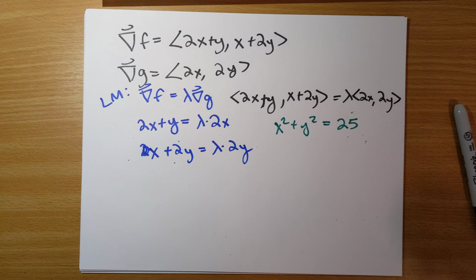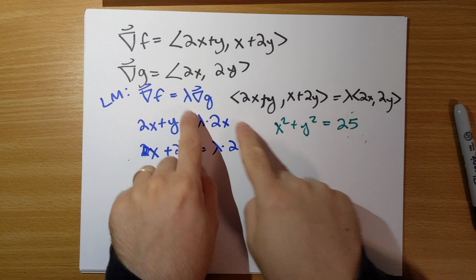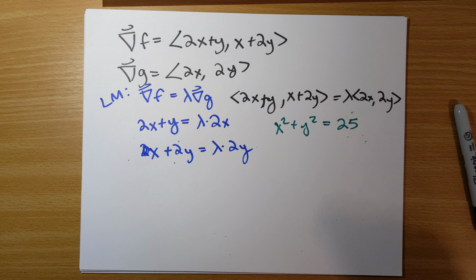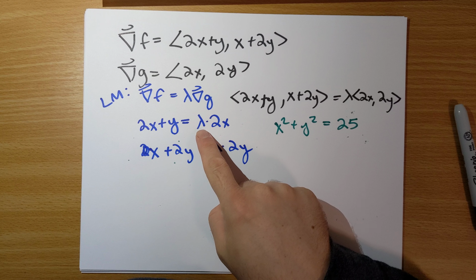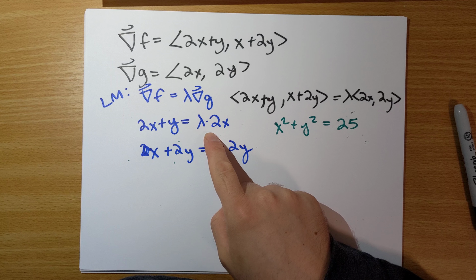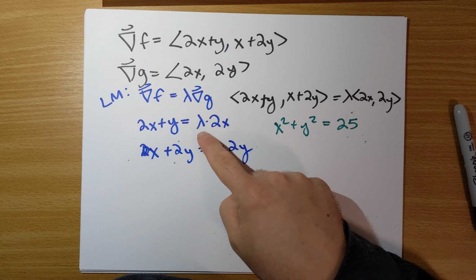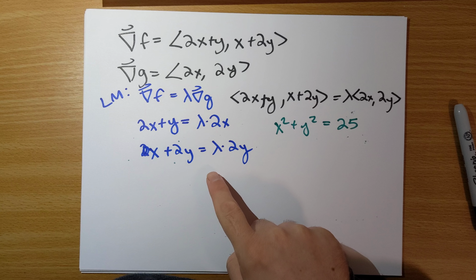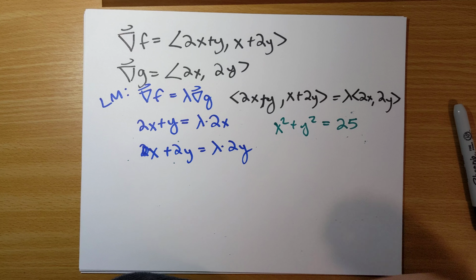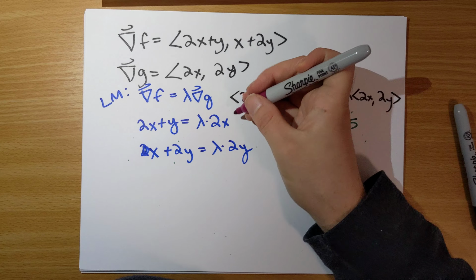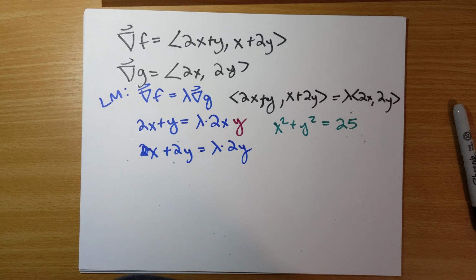The way that I'm going to solve this, it might seem like a scary thing, with variables flying all over the place. I'm going to make the following change: I'm going to get rid of the lambda. The first equation has a lambda times 2x. The second equation has a lambda times 2y. And so I'm going to want these to be equal to each other.